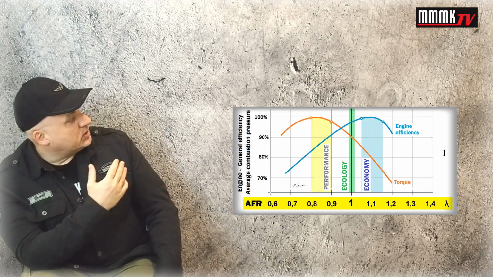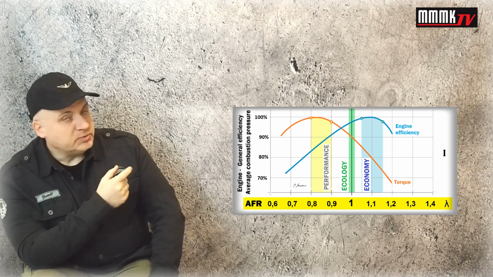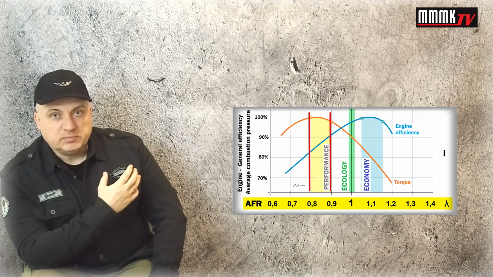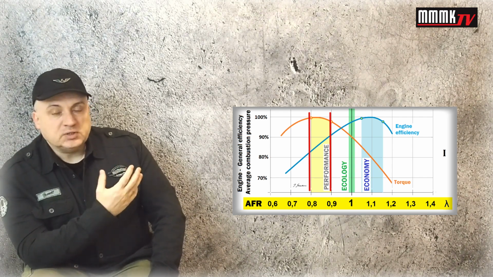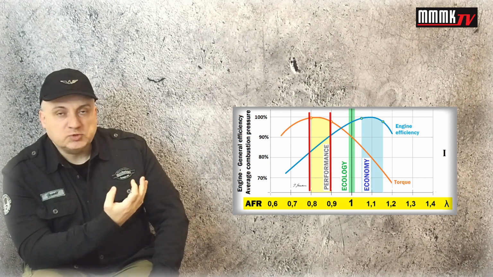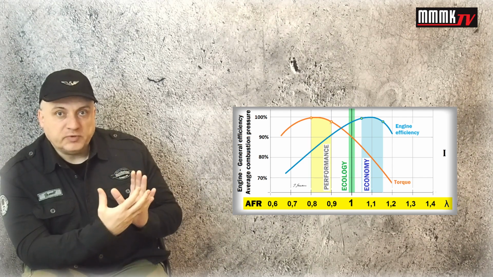And as we can see, the maximum torque we can achieve is for lambda 0.8 to 0.9, which is for a rich mixture. Rich mixture means that there is more fuel than it's supposed to be, compared to the theoretical perfect proportion.